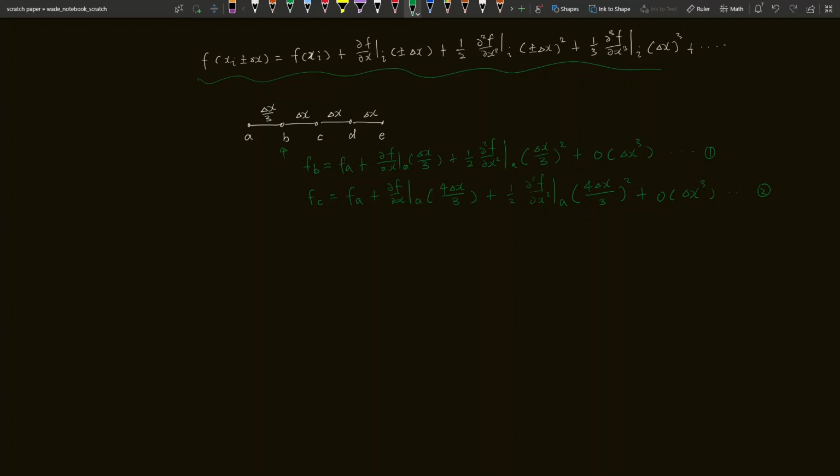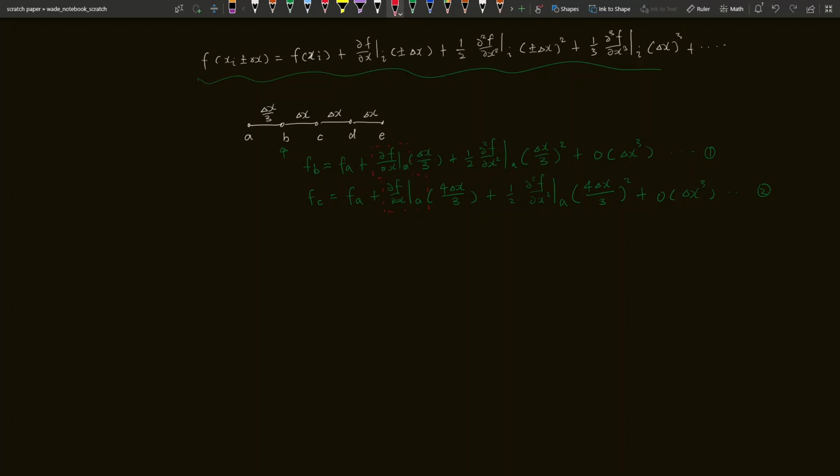So we notice that we want to find the first order derivative of function f at point A. Our objective is to find the first order derivative at the fixed point A, which is this term in equation 1 and this term in equation 2.